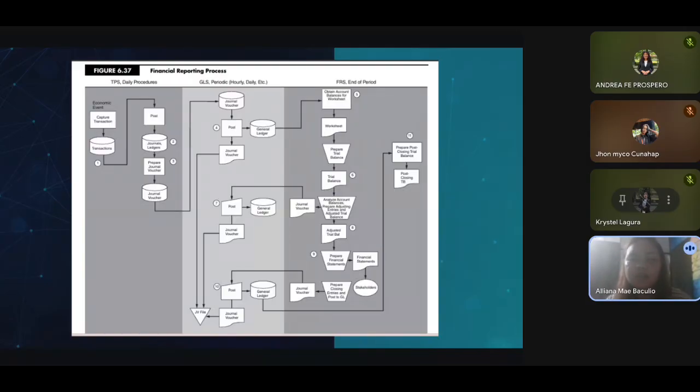This is just a graph or process showing the financial reporting process. It is equivalent to our traditional or manual accounting process, which was done by hand. And the next figure is figure 6.38, the last slide for this topic.